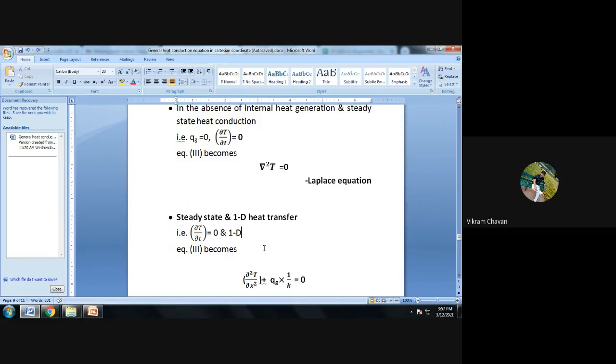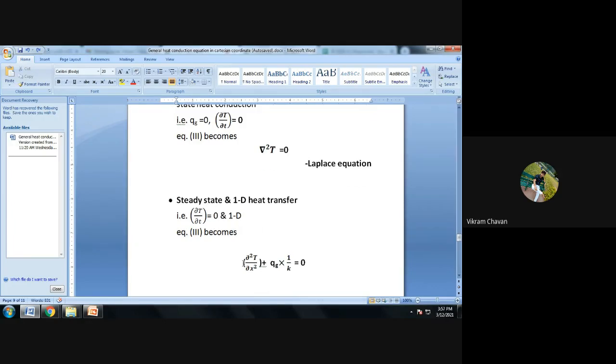So equation 3 becomes only one-dimensional. Here we are considering only the x-axis. For understanding purposes we are considering only one axis, so the other two axes we have removed. So the equation will be deduced into ∂²T/∂x².